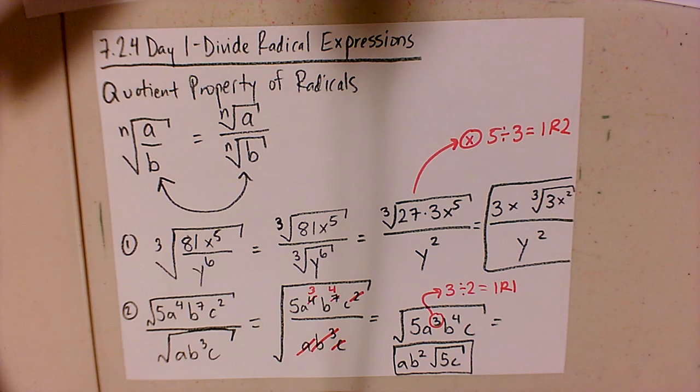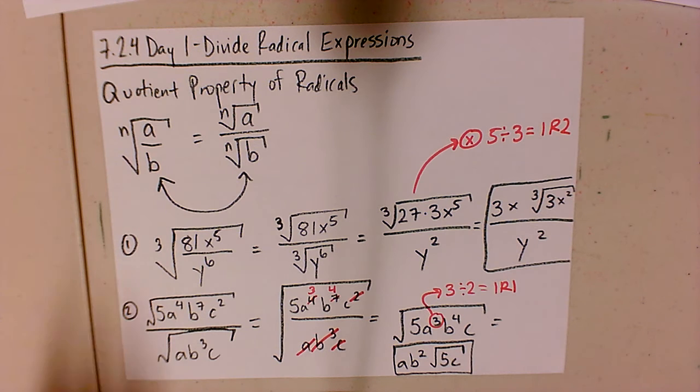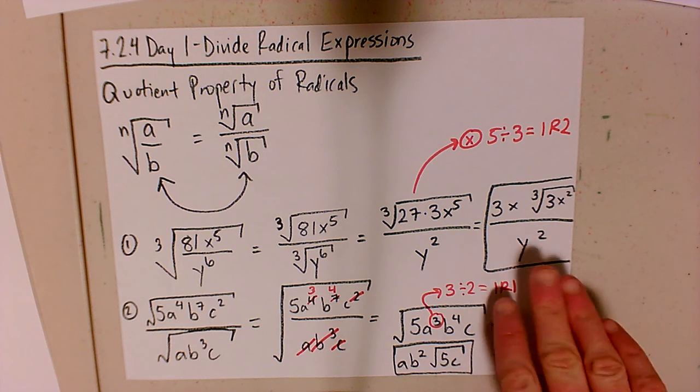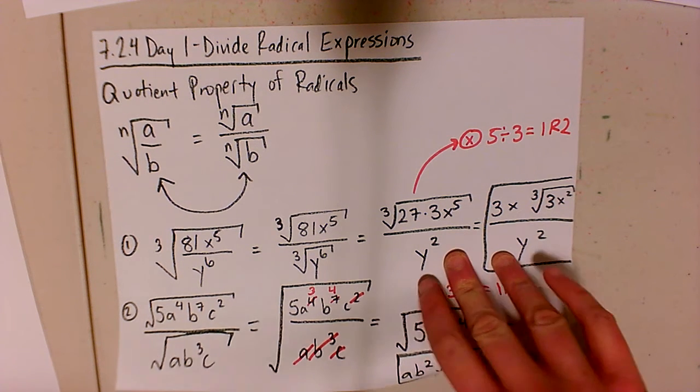Alright, so the next thing that we want to talk about is, how do you get radical expressions in simplest form, or how do you know they're in simplest form? They're going to be in simplest form when you don't have any exponents on the inside that are greater than their radical, and we learned how to take those out at the beginning of the chapter.